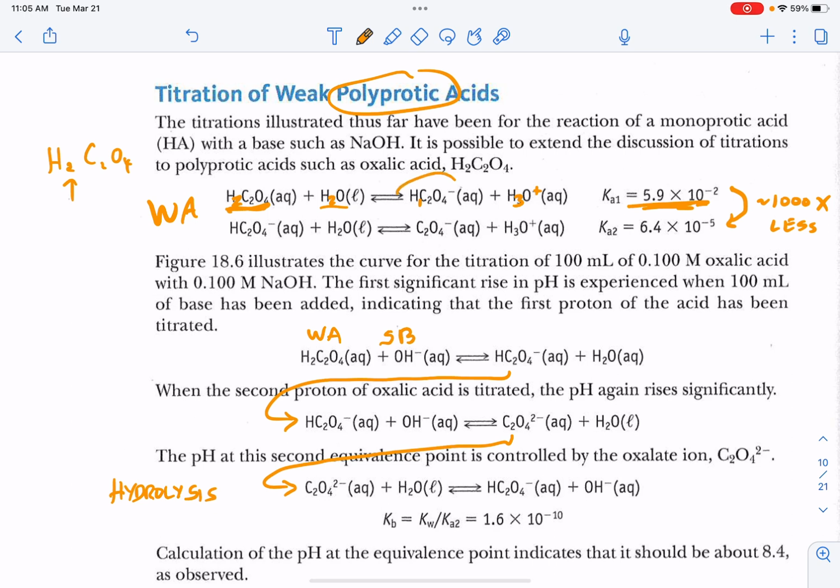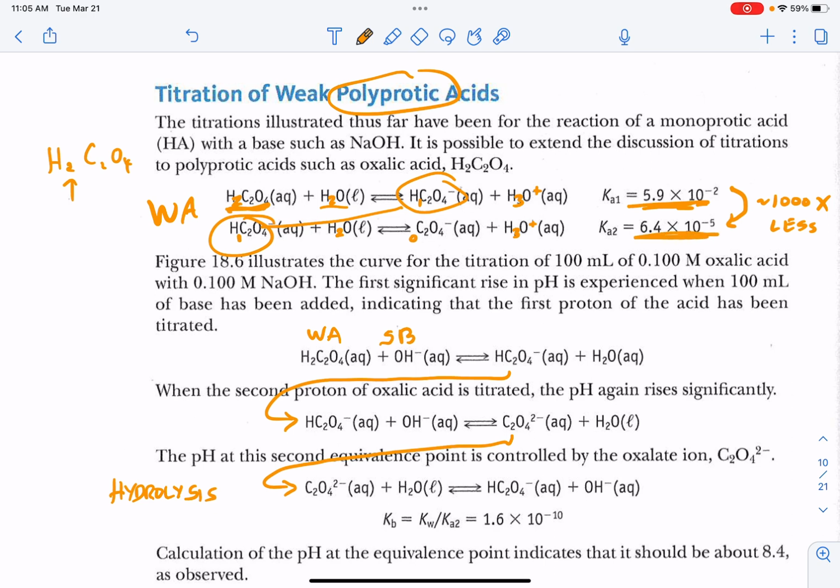Now, if this species here were to try to lose a second proton, so we're going from 1 hydrogen to 0 hydrogens, and my water molecule is going to go from H2O and pick up the hydrogen to H3O plus. In order to lose that second proton from oxalic acid, you can see the second Ka, when it gets picked up by a water molecule, is 10 to the minus 5th.